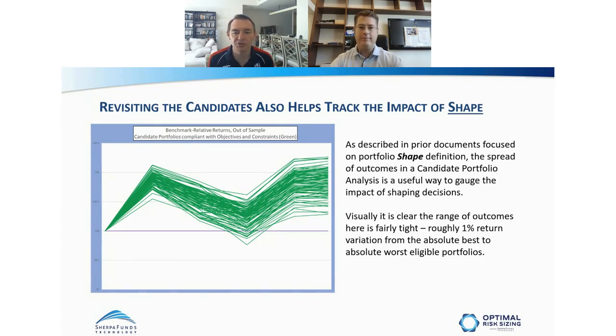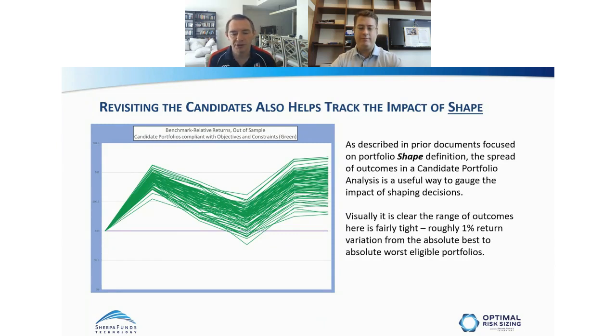The other thing we can do is look at the shape, and by shape we mean what have you said to people that your portfolio is. The other thing we can do is look at how the shape impacts your end result. We went into this in quite a lot of detail in one of the previous webinars, so we probably won't go into much depth here.